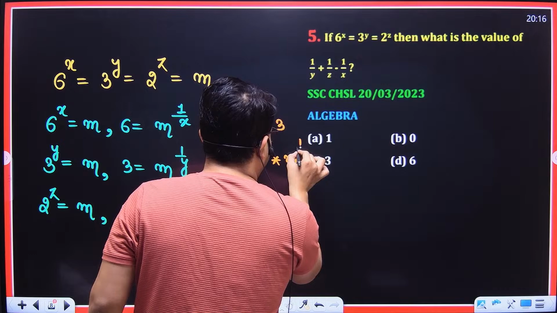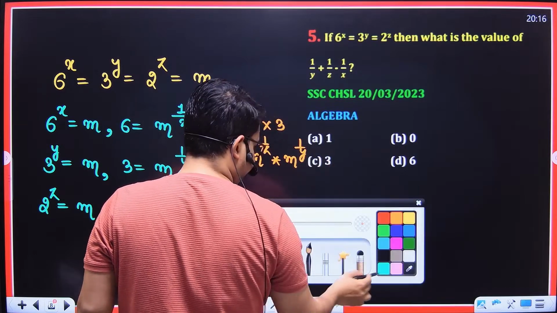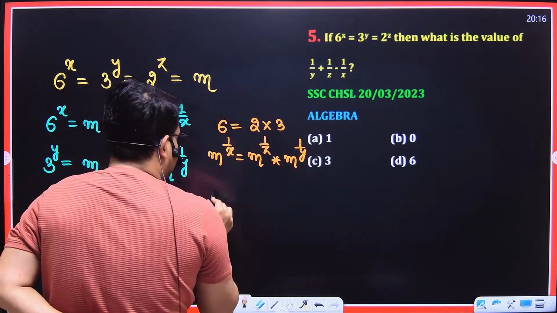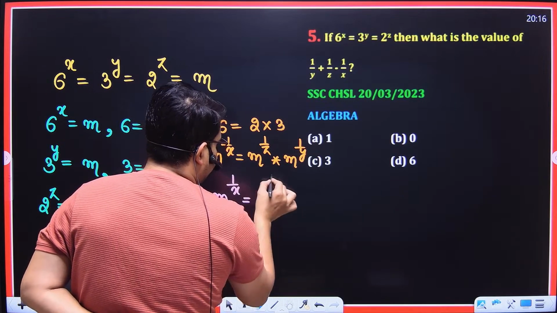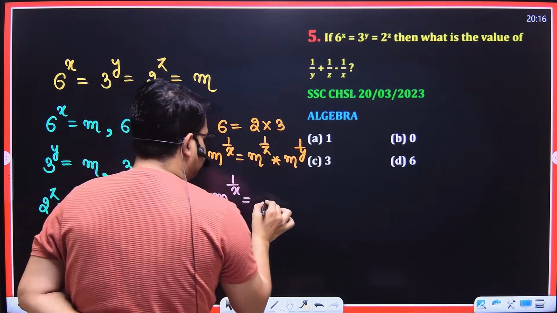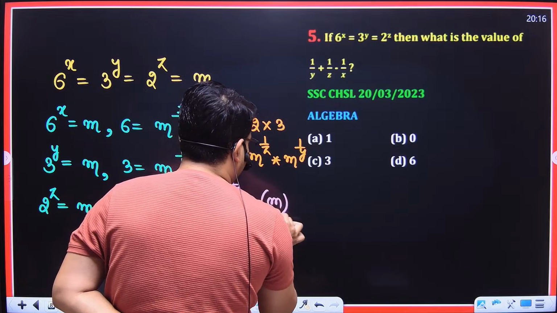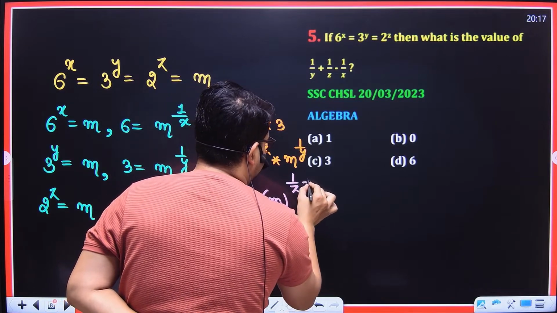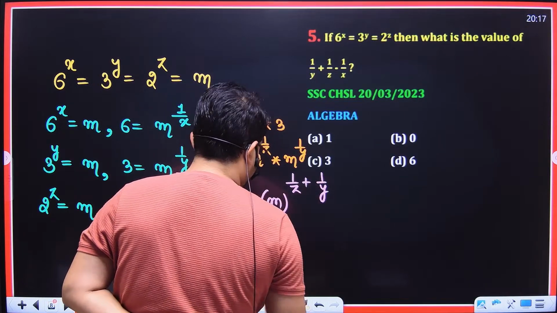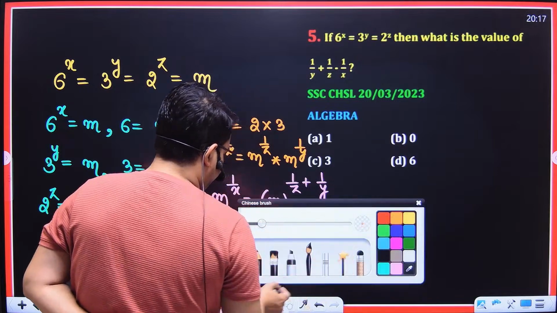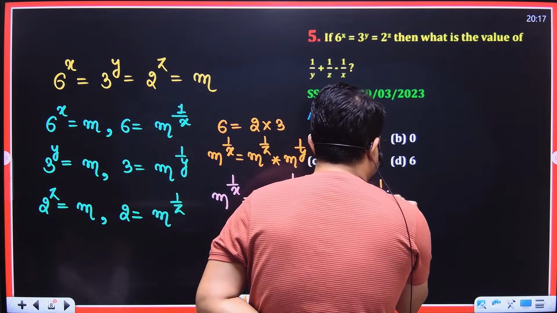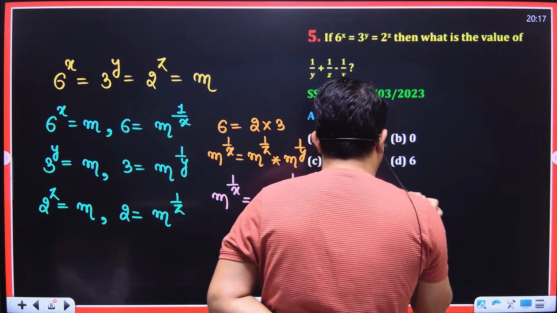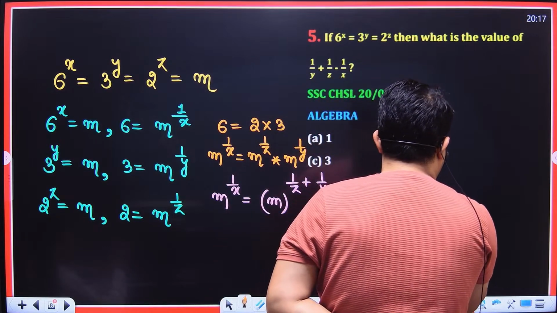If bases are the same, then we can add the powers. We can write it as m to the power 1 upon z plus 1 upon y. So if bases are same, then powers will be equal. What we have? 1 upon x is equal to 1 upon z plus 1 upon y.